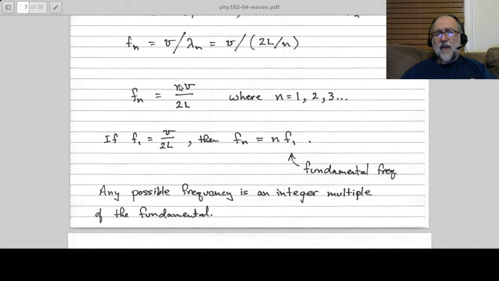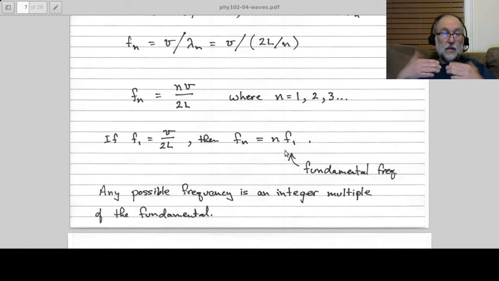Now, if you factor out that integer, you'll notice that the lowest frequency, F1, is going to be v divided by 2L. This is usually called the fundamental frequency. And then all the other possible frequencies, usually called the harmonics or overtones, are simply integer multiples of the lowest frequency.